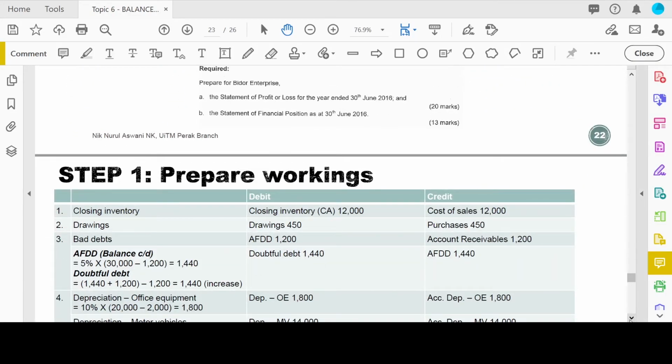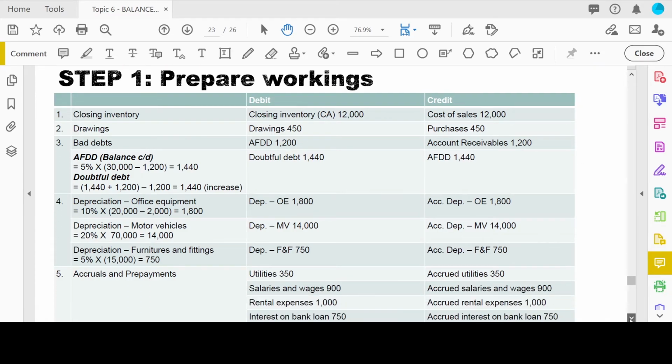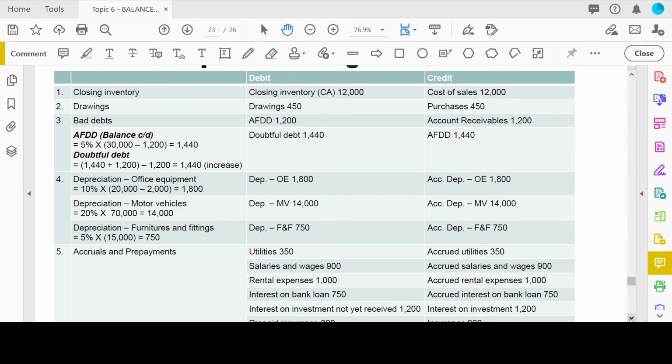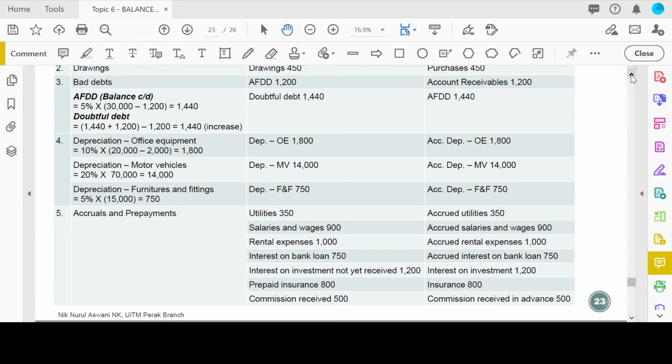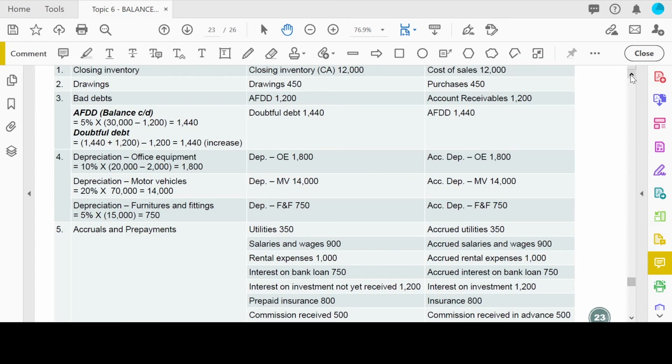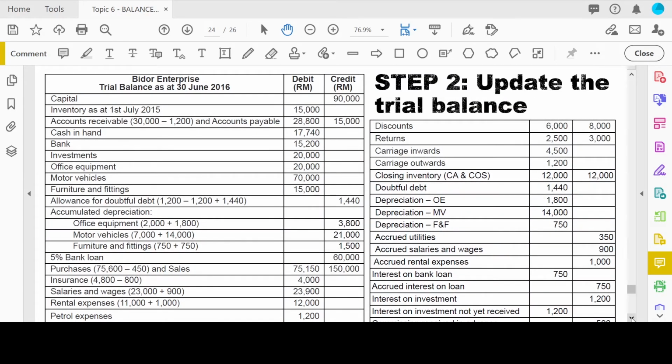So there are workings that I have prepared previously, which is this one. If you can't see clearly, you may refer here to the workings. Then I updated the trial balance.